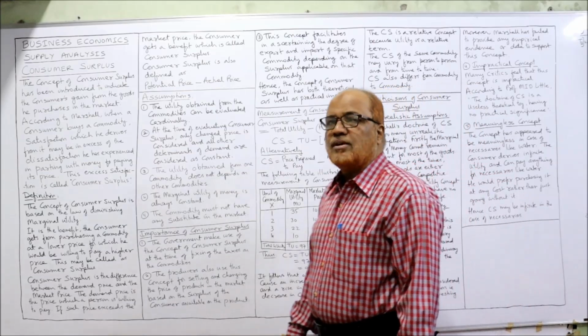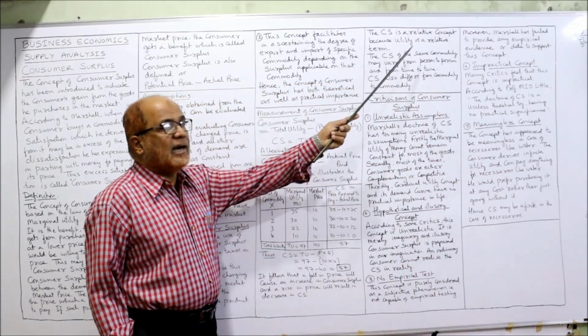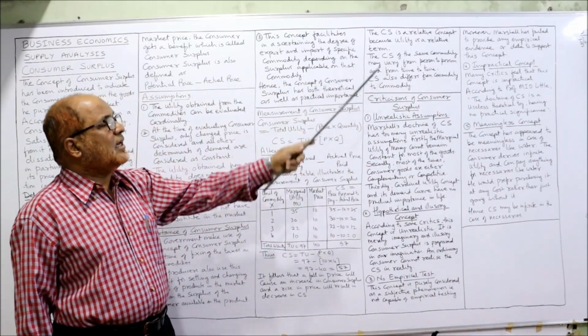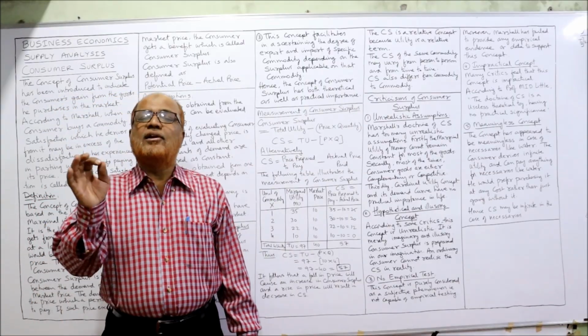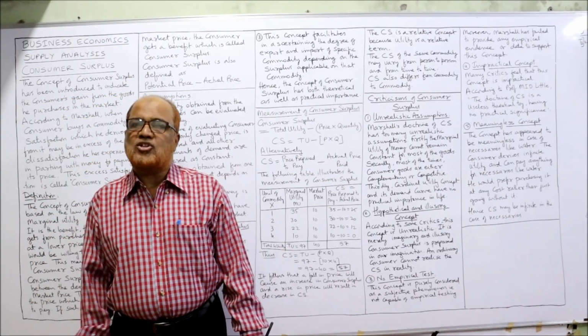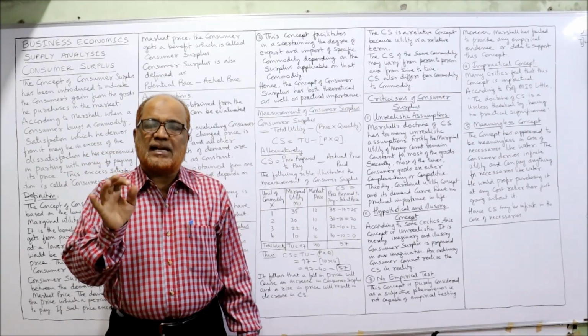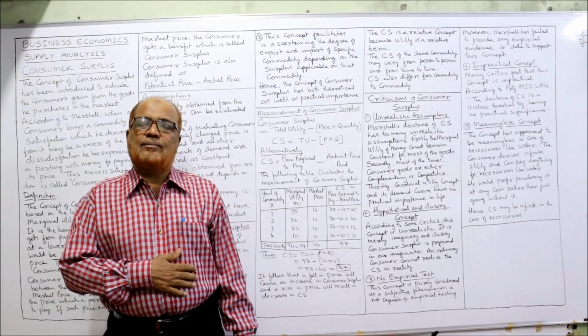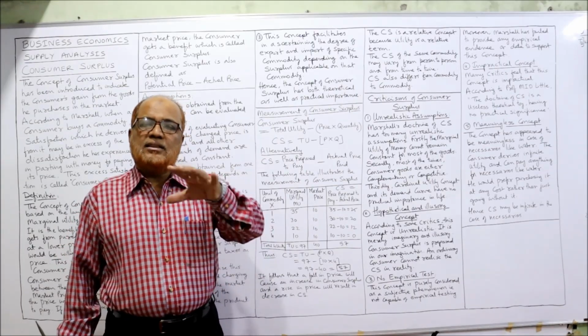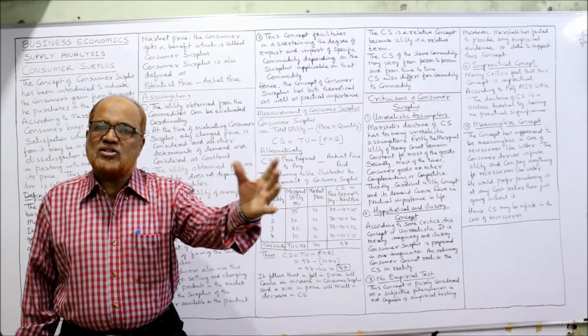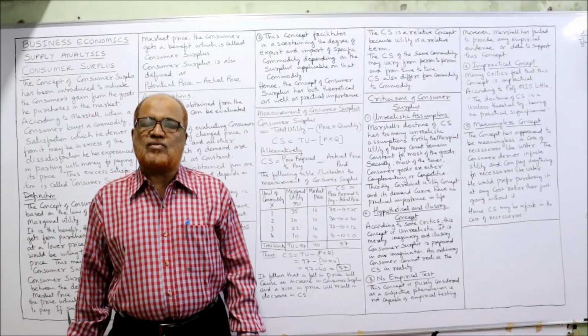Right? The consumer surplus is a relative concept because utility is a relative term. Actually, utility means satisfaction. We cannot precisely measure the satisfaction. How can we compare it? We can compare and see that this commodity gives us more satisfaction and that commodity will give us less satisfaction.